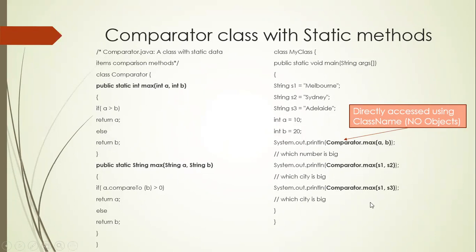You can understand that we are directly accessing using the class name and not creating any object. The actual style would be Comparator c1 = new Comparator, then c1.max. But now I am directly calling with the help of the class name.